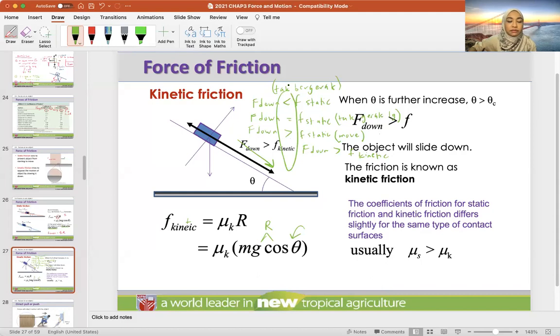Okay, so macam mana kita dapat R equals to mg cosine theta? Nanti kita akan belajar. Okay, so usually the coefficient of static friction is greater than the coefficient of kinetic friction. I told you before, F static is always bigger than F kinetic. Okay, nanti kita cakap pasal ni.